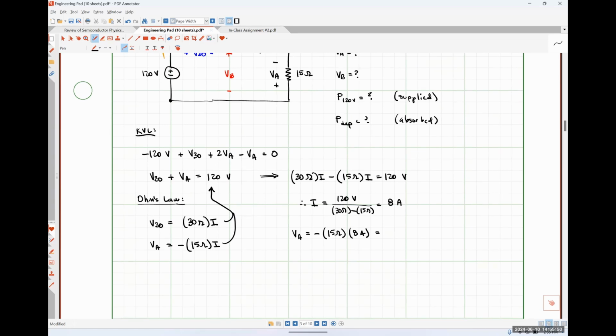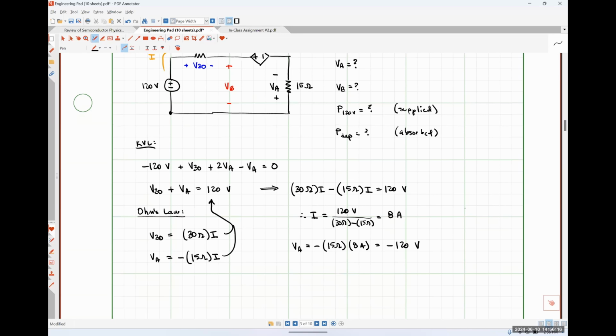So if I'm not mistaken, that is, let's see, 15 times 8 is 30 times 4 is 120. Excuse me, negative 120 volts. Now let's figure out VB. I'm going to modify this.